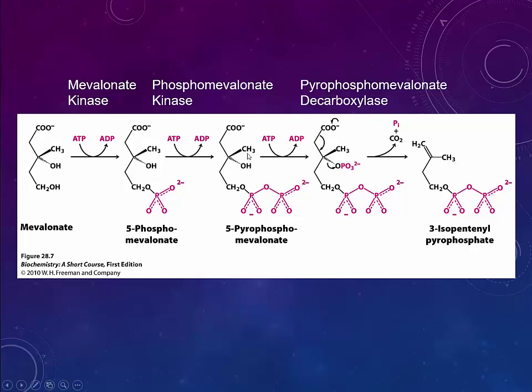Notice we do have yet another phosphorylation here, and this is the inorganic phosphate that's going to come off along with the CO2. That gives us this reaction. Here we see this electron pair hops down, the CO2 leaves, we get a double bond with this CH2 and a CH3. We have 3-isopentenyl pyrophosphate.